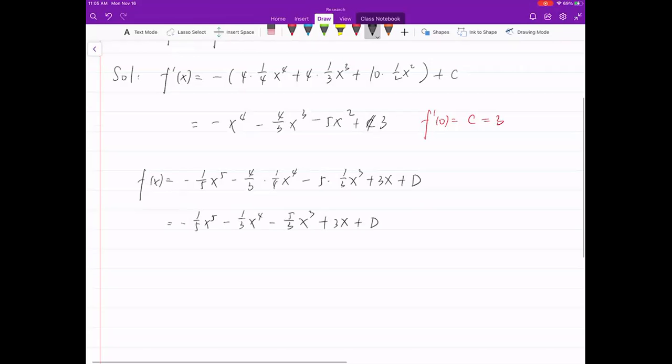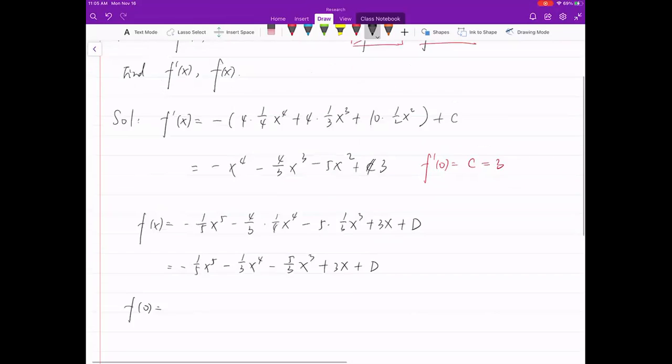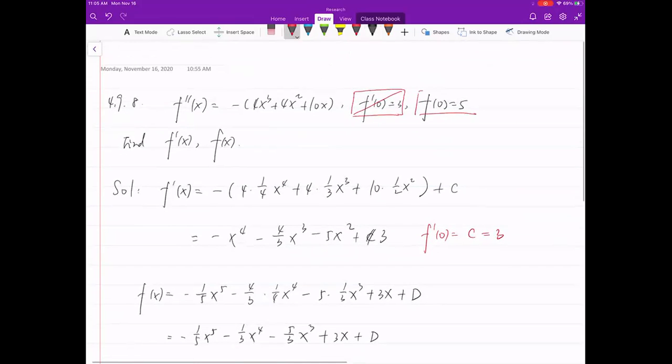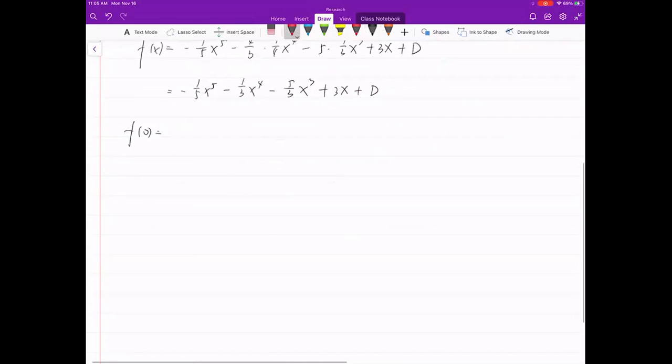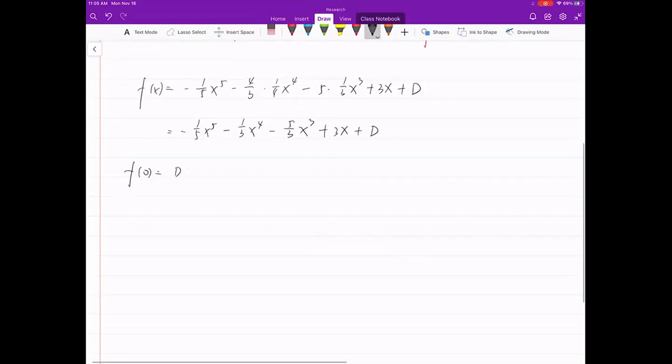Plus a d, and you know f of 0, if you plug in, according to what you have here, you should receive 5. Then you know the final answer should be this. I'll just type this one in. Weber should take it.